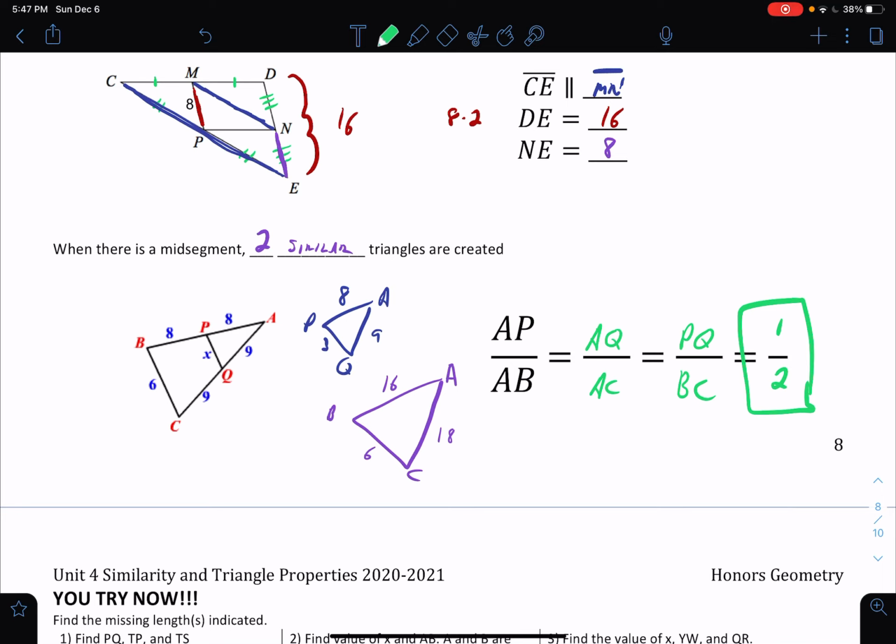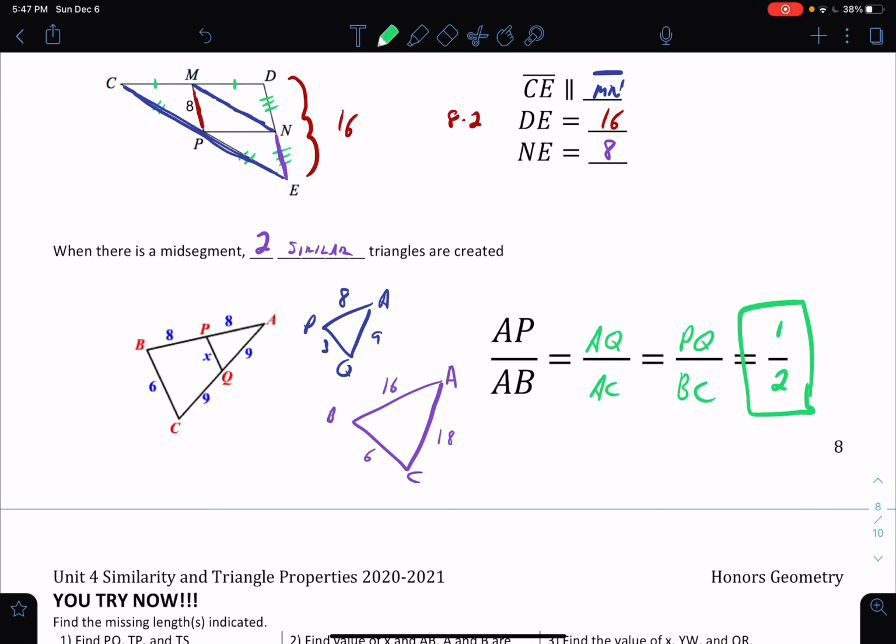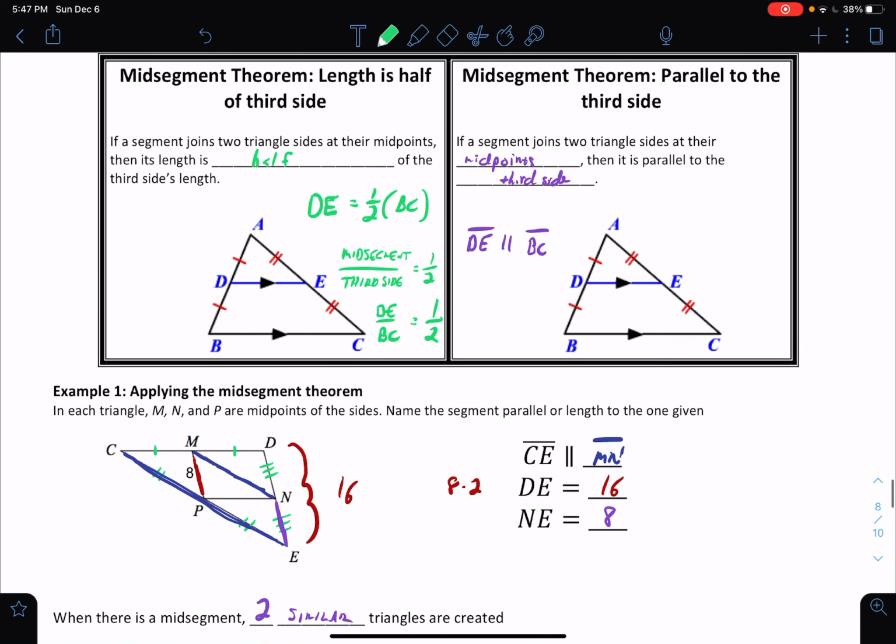So using that idea of midsegment, it connects 2 midpoints, so it cuts the sides into 2 equal parts. It's parallel to the third side. The midsegment is half the third side, so we can either set up an equation like midsegment equals half times third side, or 2 ratios into a proportion, like midsegment over third side equals 1/2.